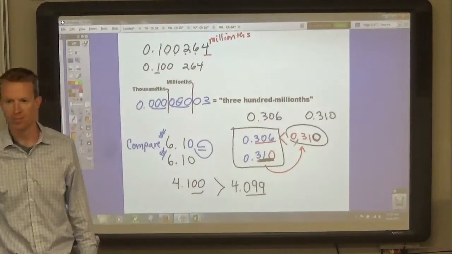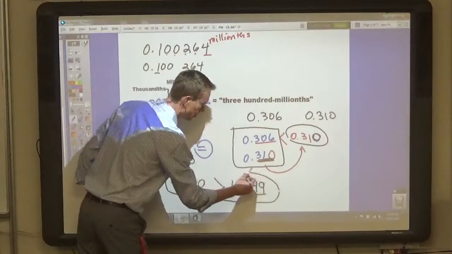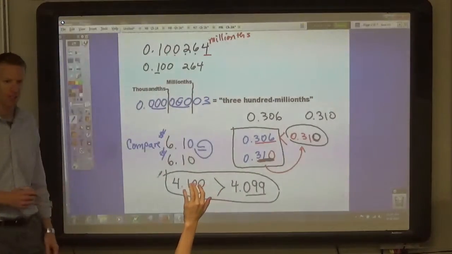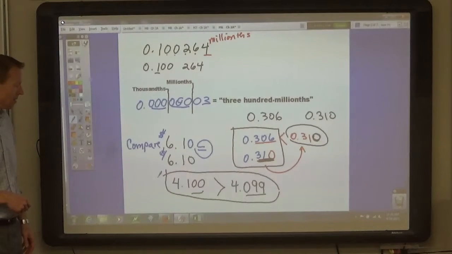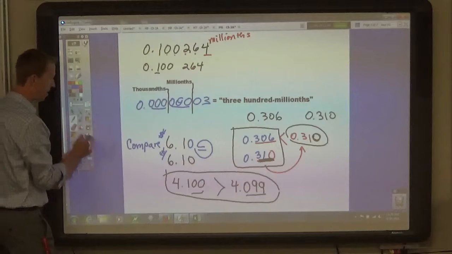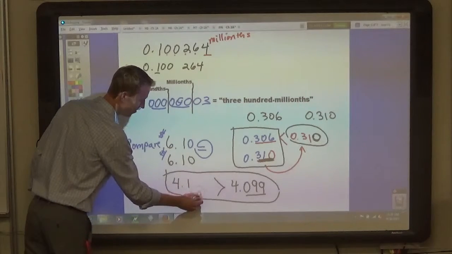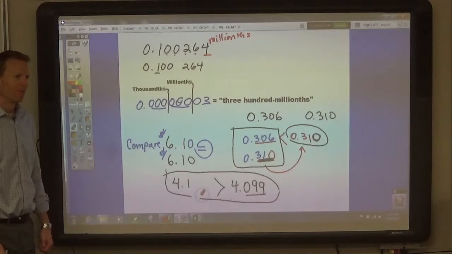All right? Great job. How about this one? How would you read this? 4 and 1/10 is greater than 4 and 99 thousandths.